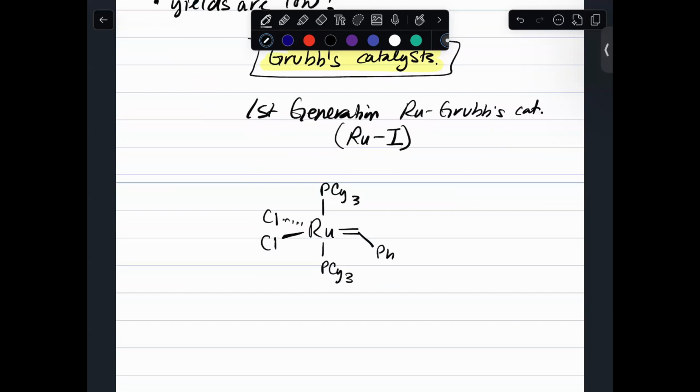And so a couple of things. Ruthenium has an oxidation state of 2 plus in this complex. As such, it has d6 electrons.